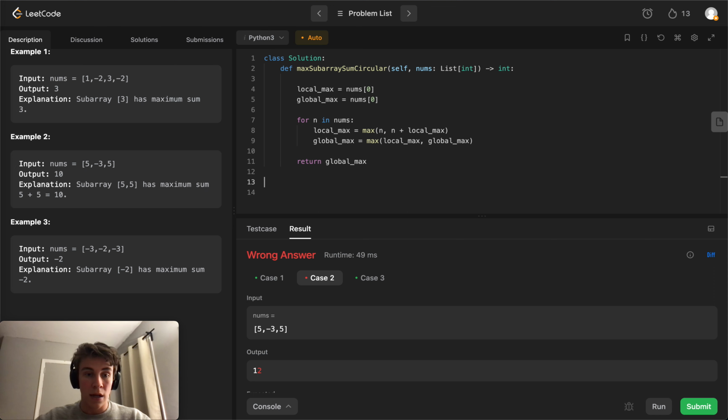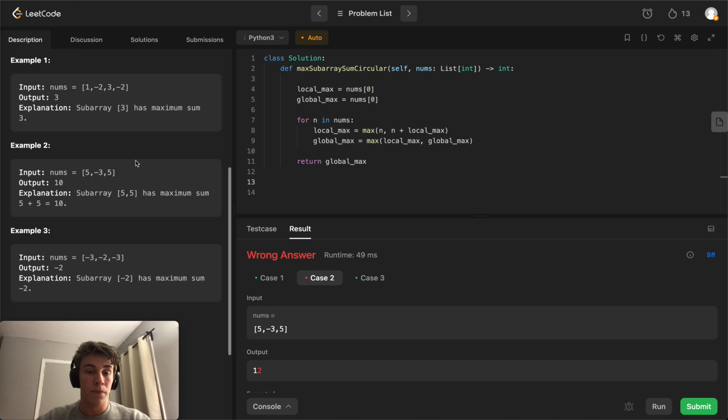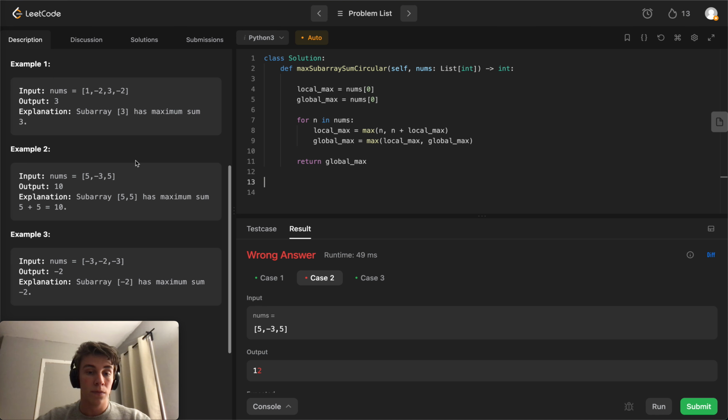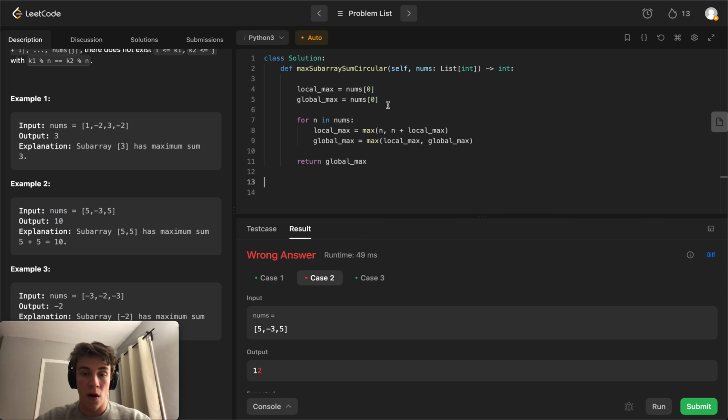right response. Now, how we're going to modify this algorithm in order to fit this problem is we're not only going to care about the maximum, but we're also going to care about the minimum subarray of the array. Why, you may ask?